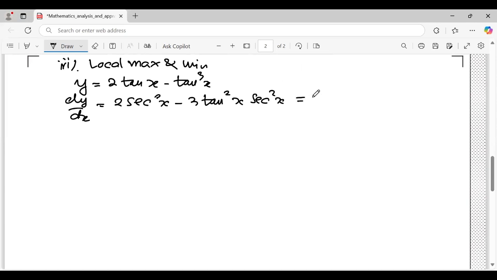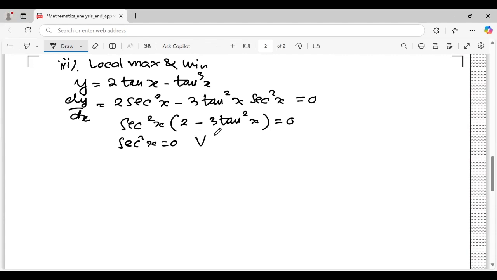And it should be 0, because for local maximum and minimum, the first derivative equals 0. After that, factorize: secant squared x times (2 minus 3 tangent squared x) equals 0.